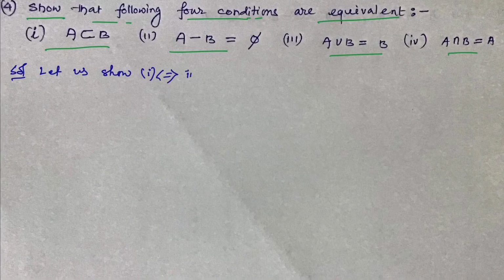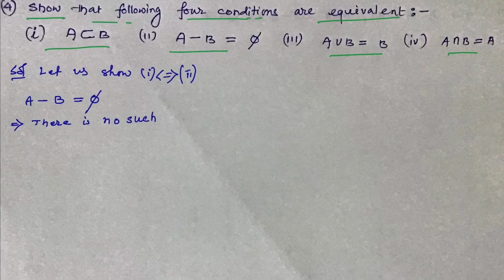Okay, so A minus B is equal to phi. That implies there is no such x belongs to A such that x doesn't belong to B, by definition.